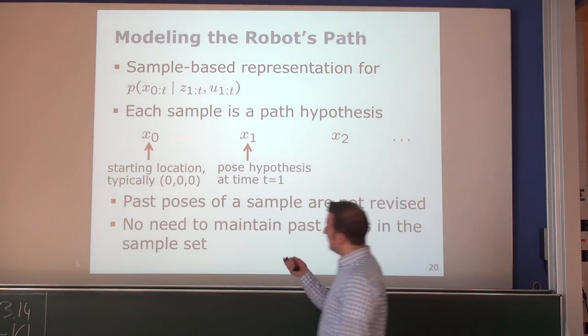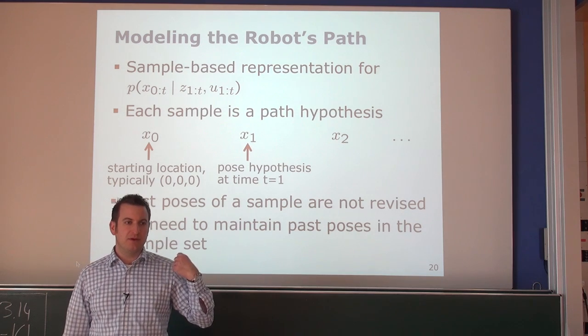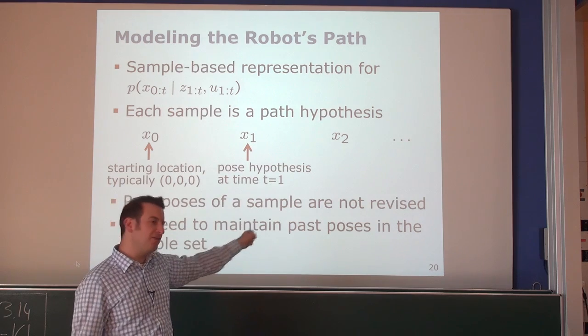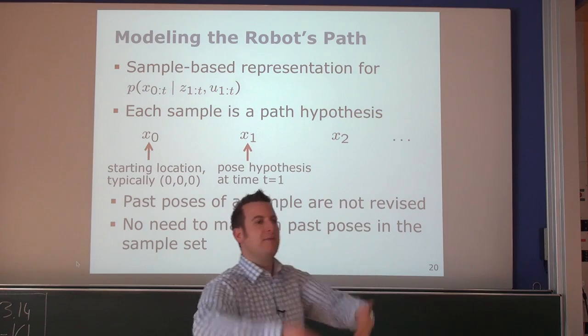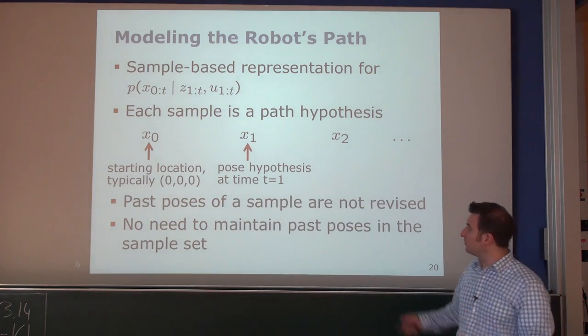However, in this particle filter, we never revise the path trajectory. So we never say, okay, at that point in time in the past, I made a mistake, so I correct all the samples. That's nothing which a particle filter does. It always takes a step forward and estimates the next position of the robot.